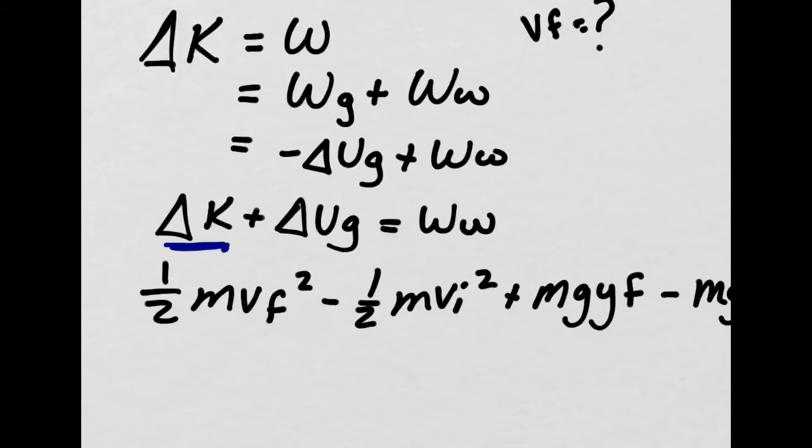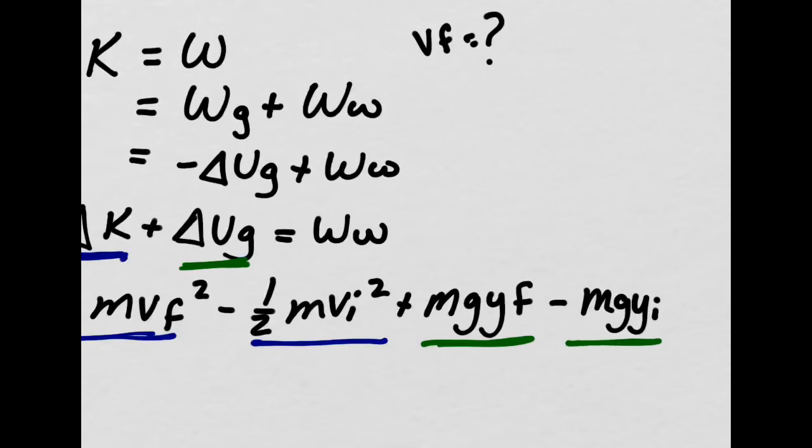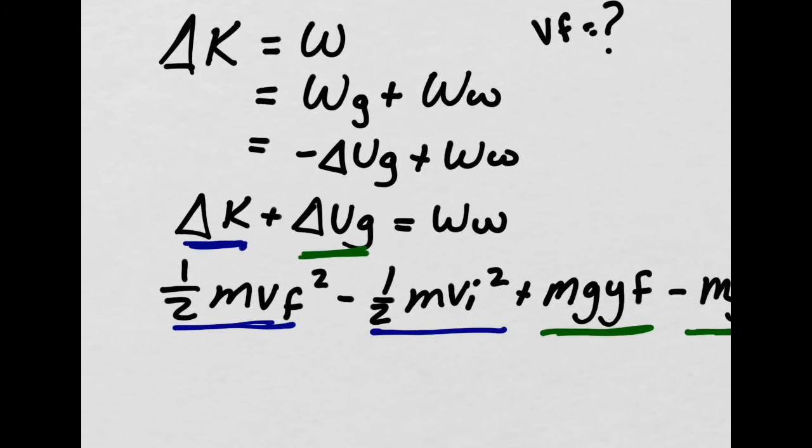This is this, and this is this, and this. So now we're going to go back to black ink. So V0 is 2.